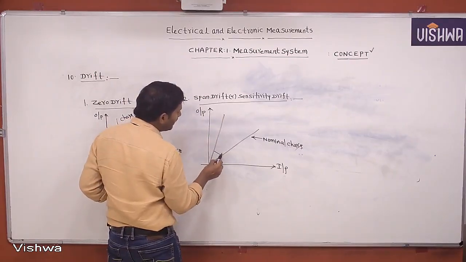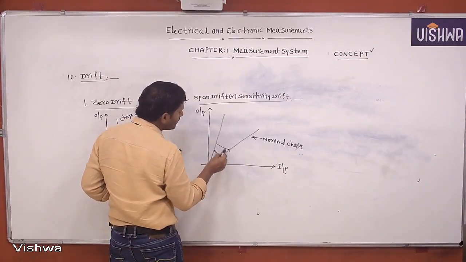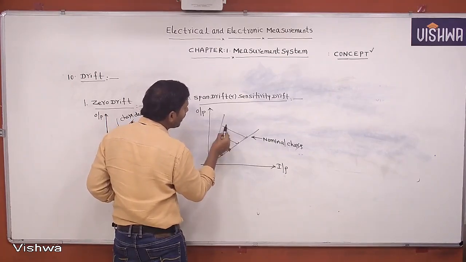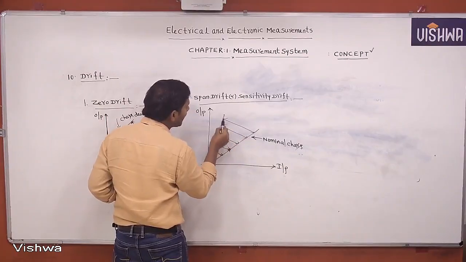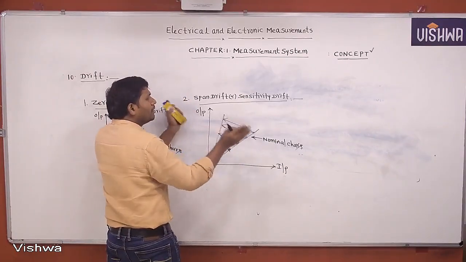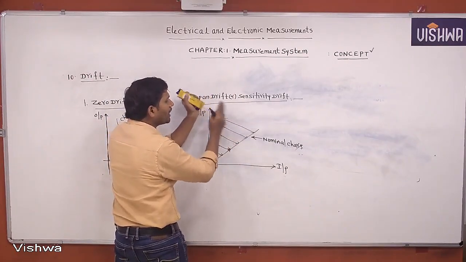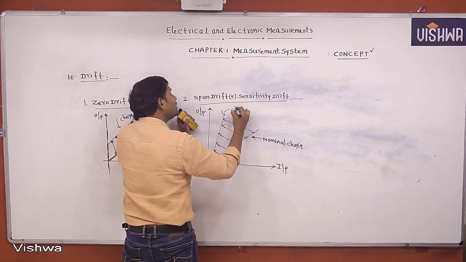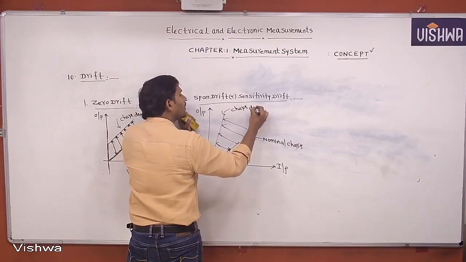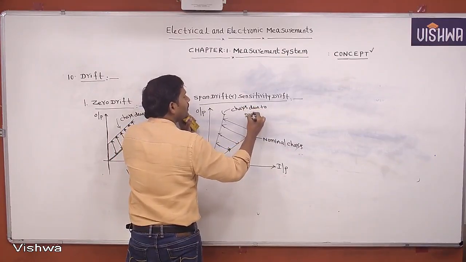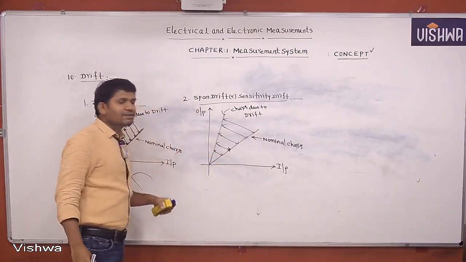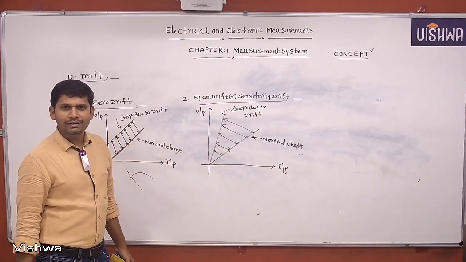If an instrument has characteristics like this, we say that the instrument has span drift or sensitivity drift characteristics. Throughout the measurement, the deviation from the nominal value increases. Then we can say that it is the span drift characteristics.